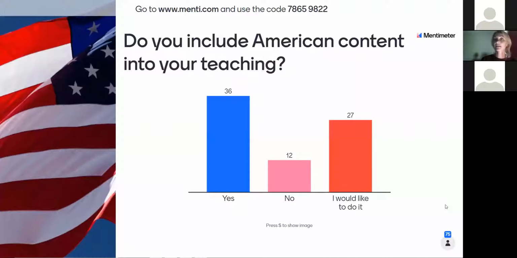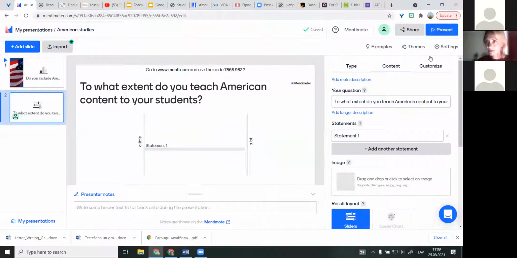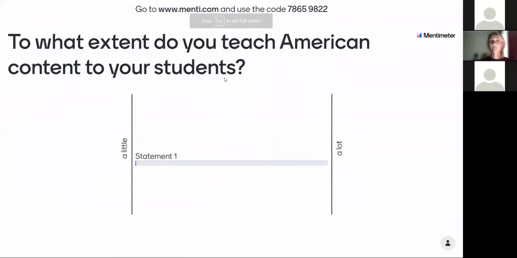And the second question, let's pass to the next. So if you do include American content, to what extent do you teach American content to your students?